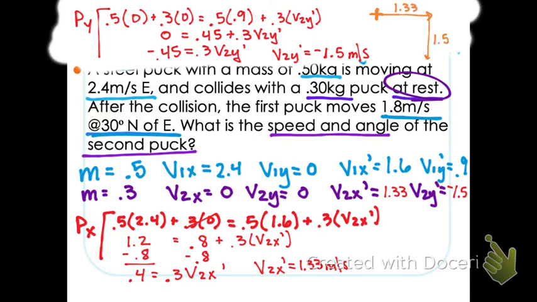Let me do that a different color. So the answer, or my actual final velocity, is this blue line. All right, so we'll need the actual hypotenuse and the angle that goes with that.